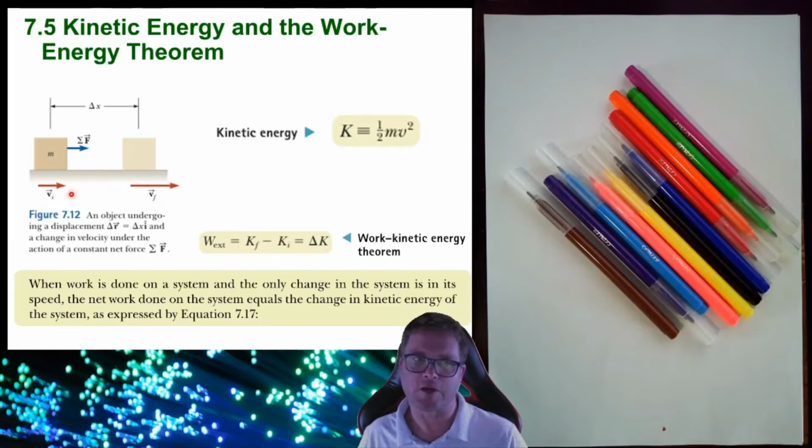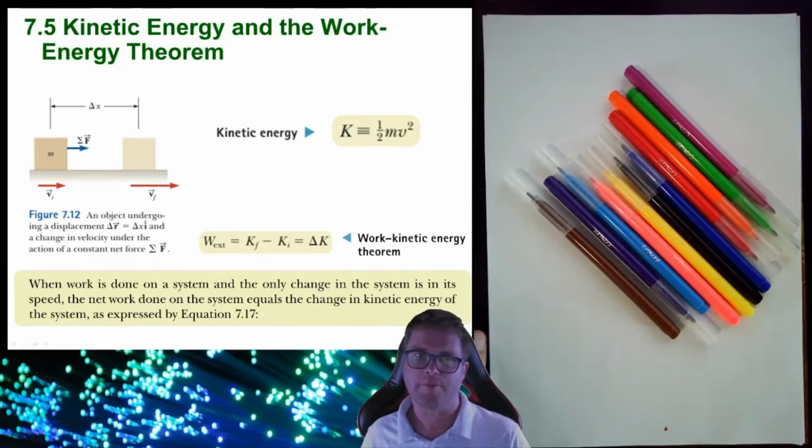At this point over here, it would have kinetic energy of half m vi squared. At this point, after the forces have acted on it and it's in a new position, it will have kinetic energy of half m vf squared. Bringing us to the work energy theorem, we see that the work done by the external force is equal to the final kinetic energy minus the initial kinetic energy, or the change in the kinetic energy.